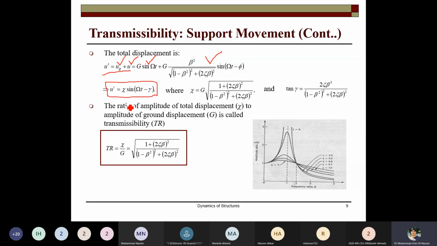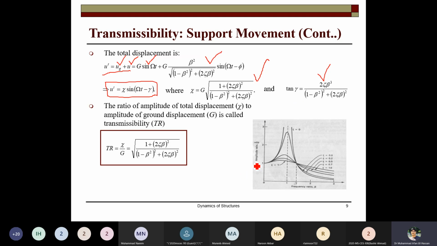Here the phi and the rho is replaced by gamma and xi, where xi is the amplitude of the ground motion, and gamma is the phase angle in case of the ground motion.